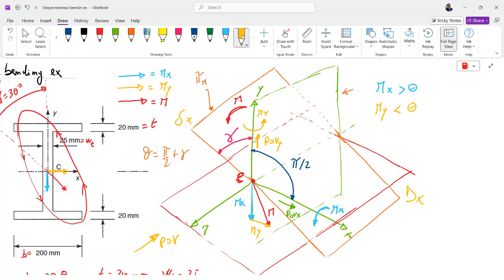Mx, by association, is like the pitching moment of an aircraft, up and down, nose up and down. Here we have flange up and down. So in this case, Mx is flange down, which means positive Mx. My is like the yaw moment of an airplane.